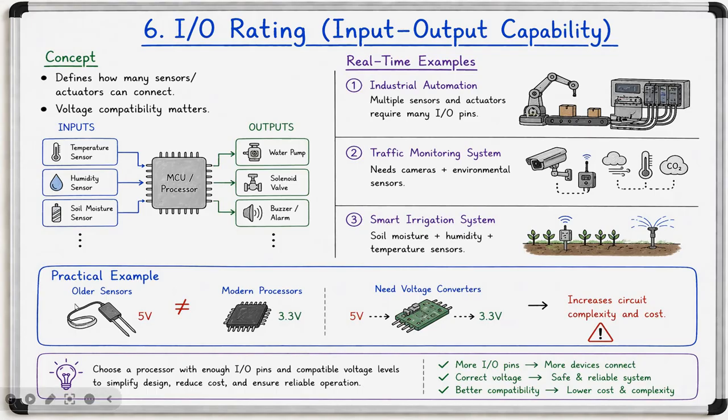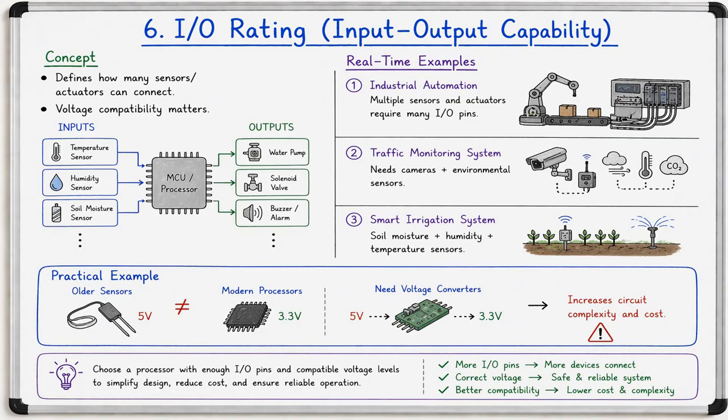Now one practical example here is, suppose you have an old sensor which uses 5 volts, and the modern processors use 3.3 volts. These need voltage converters, which will increase the circuit complexity and the cost. So older sensors work at only 5 volts, while modern processors use 3.3 volts.